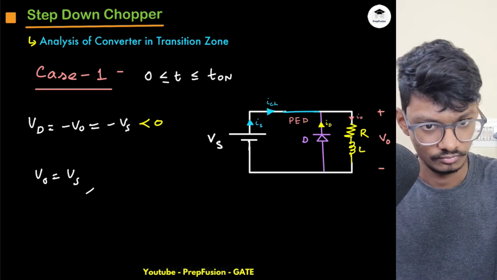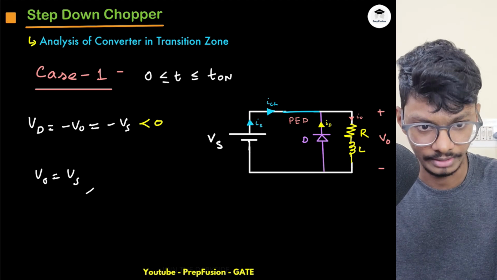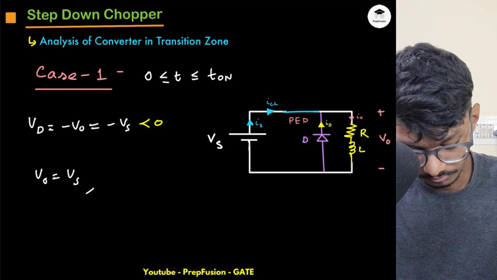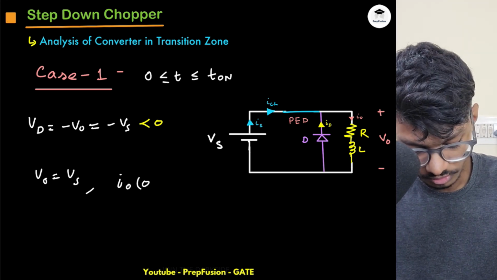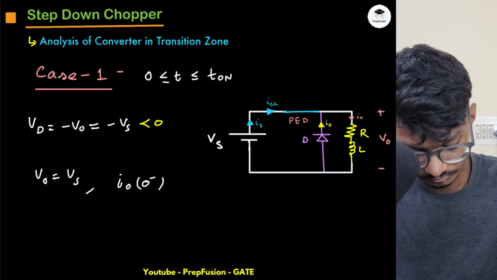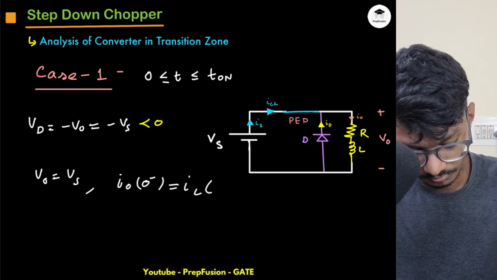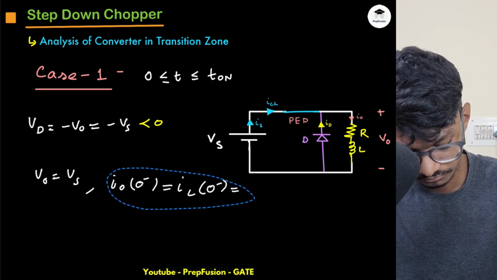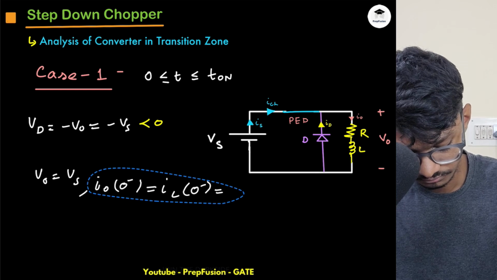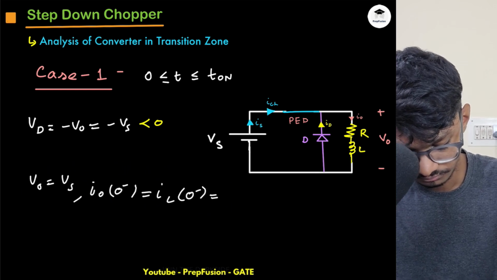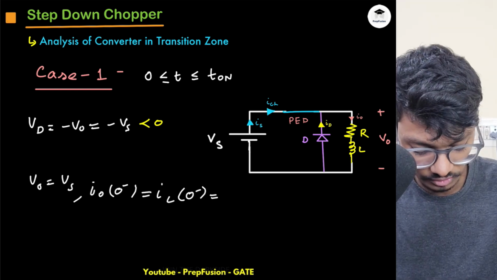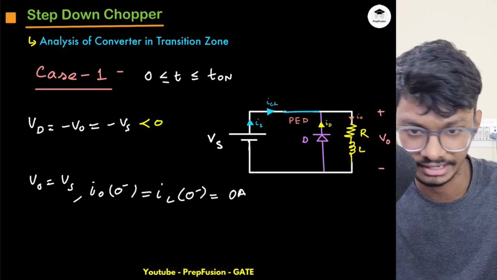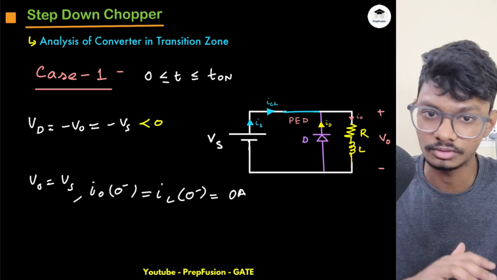If I am starting from 0, then IL 0 minus will be equal to 0 amperes. Why? Because the inductor does not try to change its current, as no impulse voltage is directly getting applied here, so it will keep its previous current.